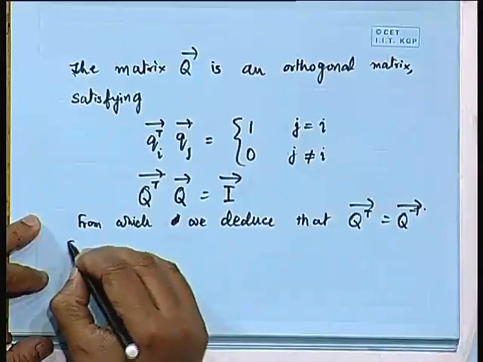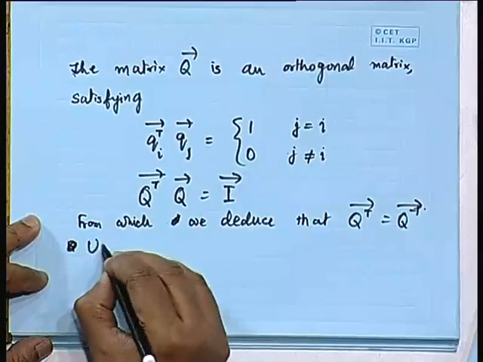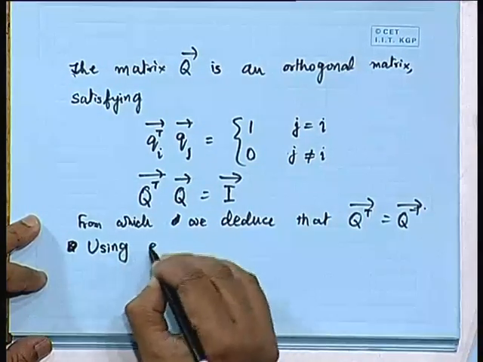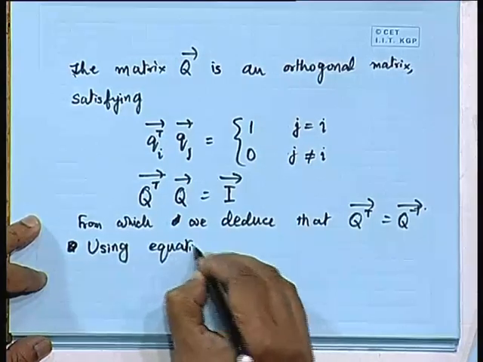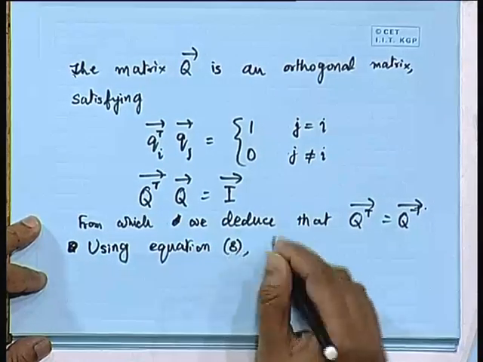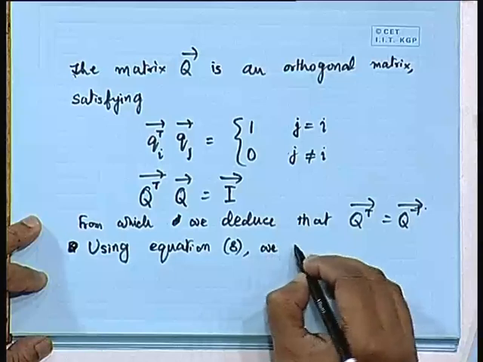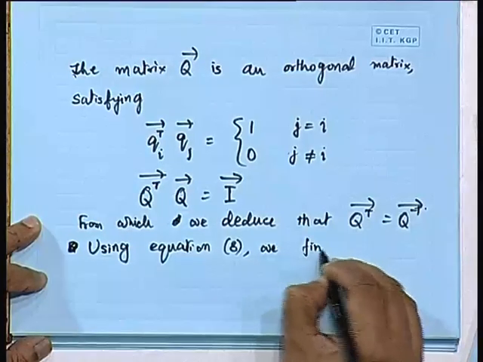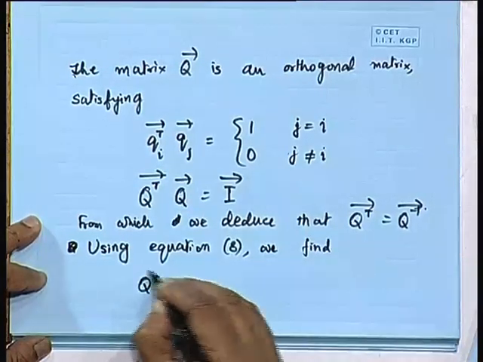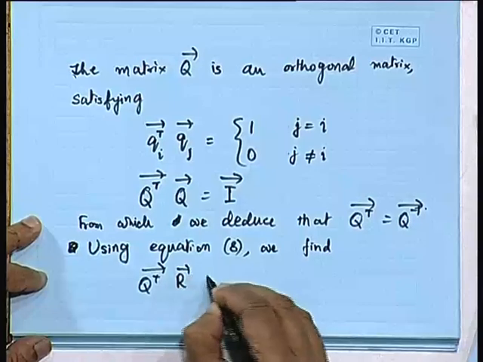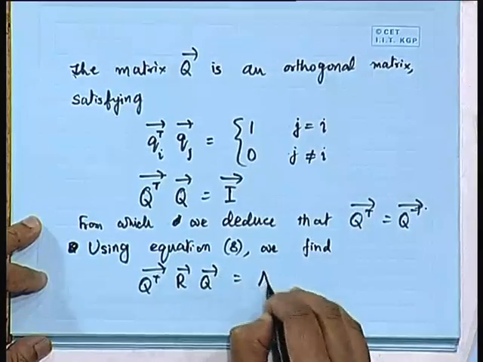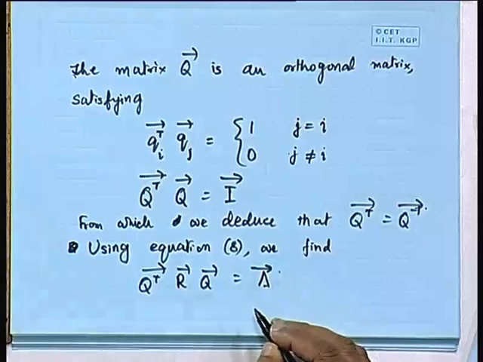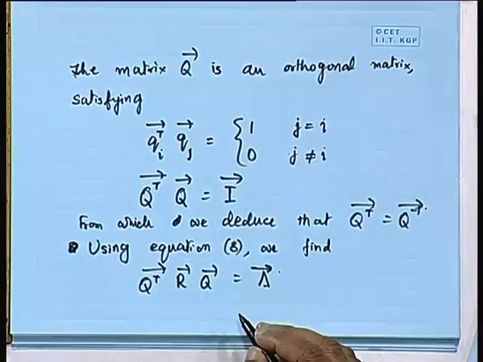So, what remains is the lambda. So, using equation 8, we find that Q transpose R Q is equal to the lambda matrix, right.